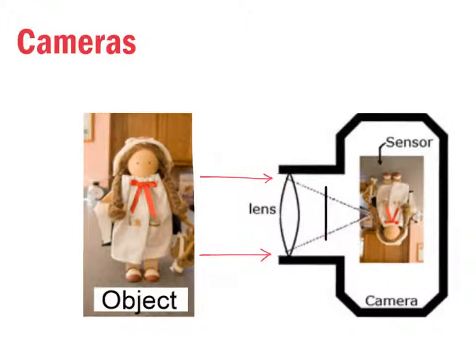That opens to allow light to enter the camera for a specific length of time, and the light reflected off the object then enters the camera through an opening called the aperture here, and the camera lens focuses, here's the lens from the camera, it focuses the image onto an image sensor. And if this is the image sensor back here, that ends up converting that light into electrical signals, and a computer processes those signals into an image that can be displayed on a screen or printed.